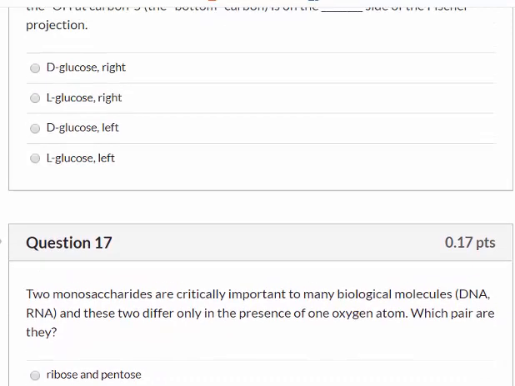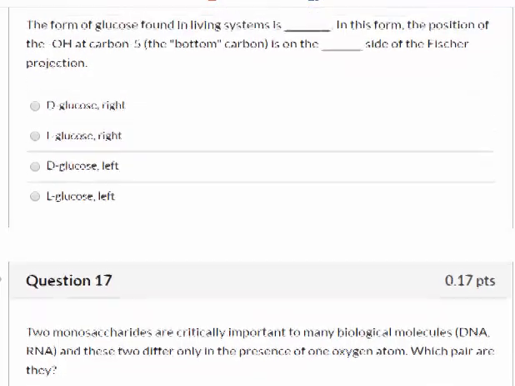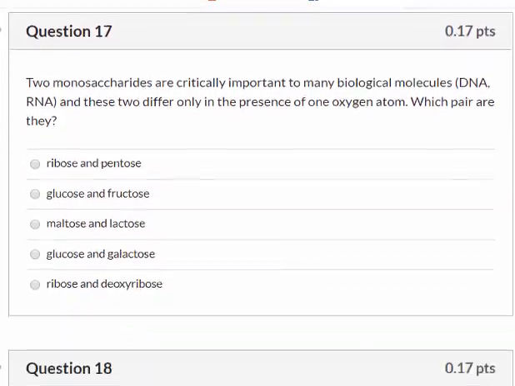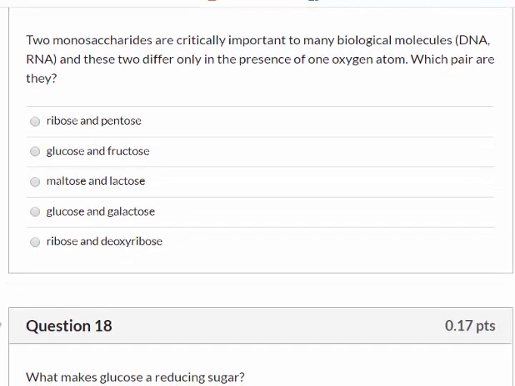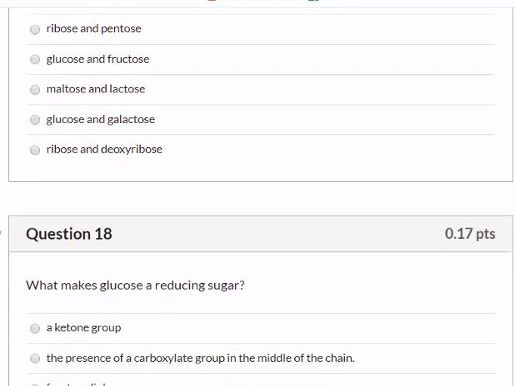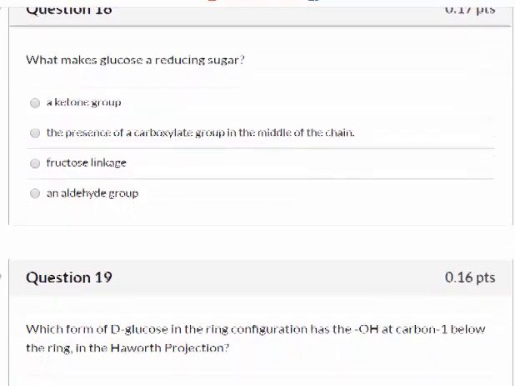And remember, D stands for dextro, which means right. L stands for levo, which means left. This you can look up if you don't remember. I think I already mentioned this in this video.